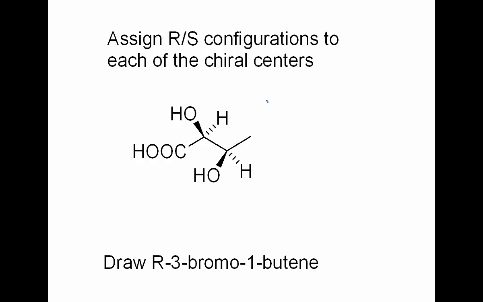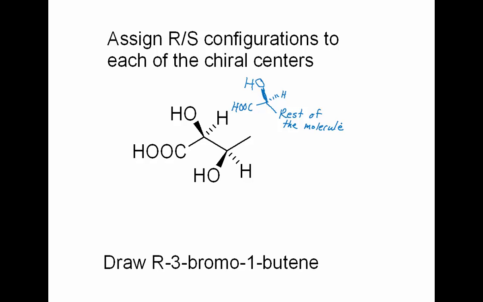Okay, so if we draw this molecule, I'm going to draw the chiral center on the left. It's got an OH, it's got a hydrogen, it's got a COOH, and it has the rest of the molecule.